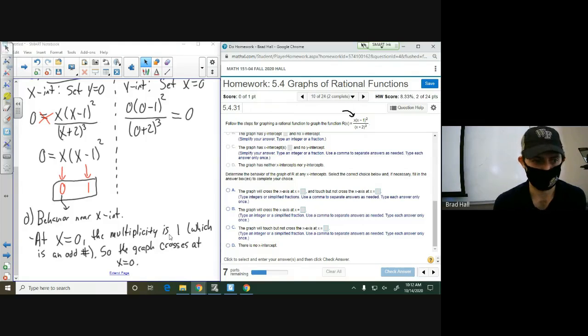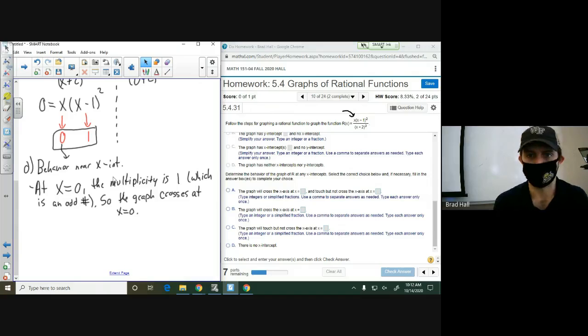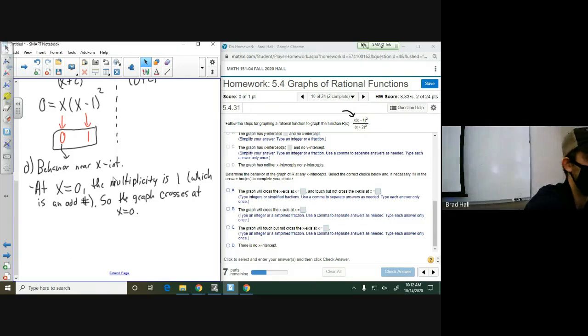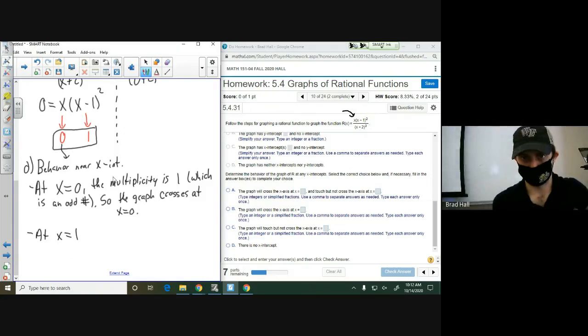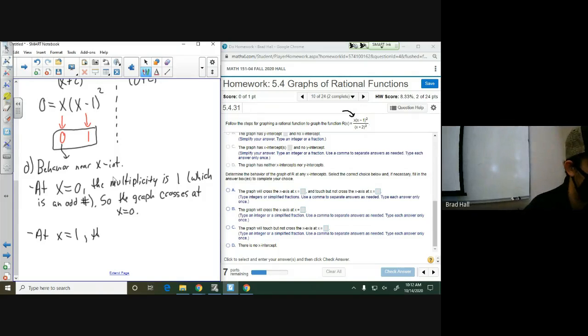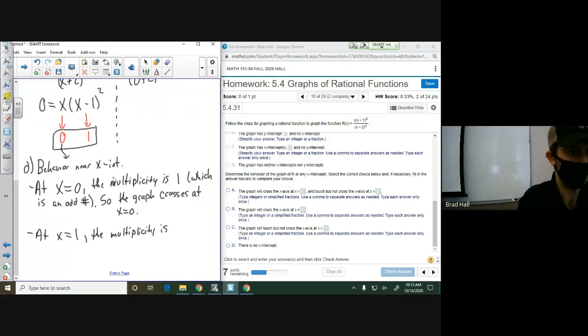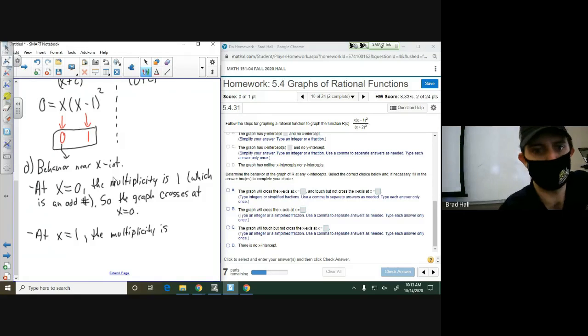We'll fill these in later, because we have another x-intercept. We found that x is equal to 1 was another x-intercept, and we need to figure out 1's multiplicity. So we ask ourselves, where did 1 come from? 1 came from this factor right here.